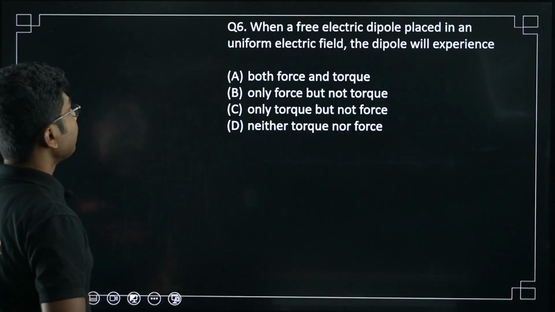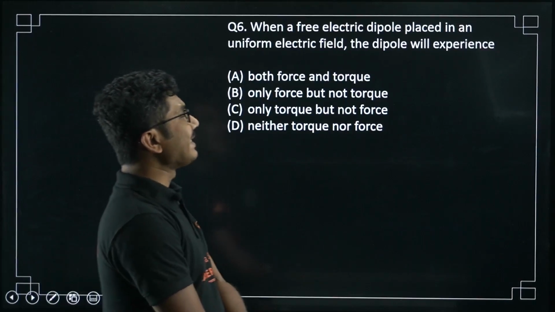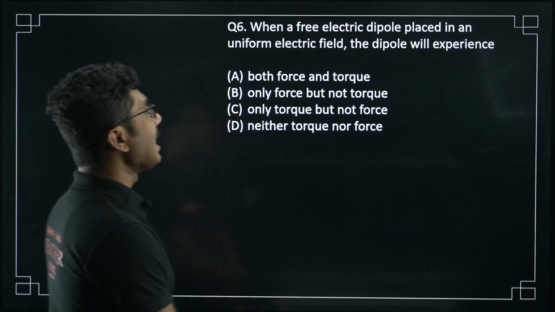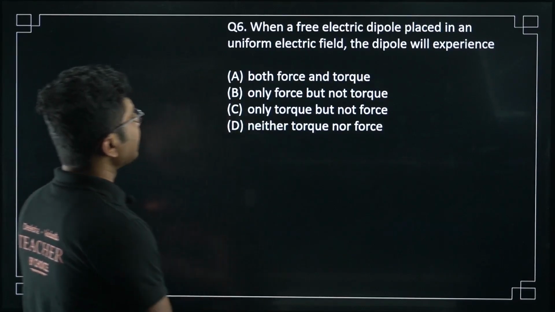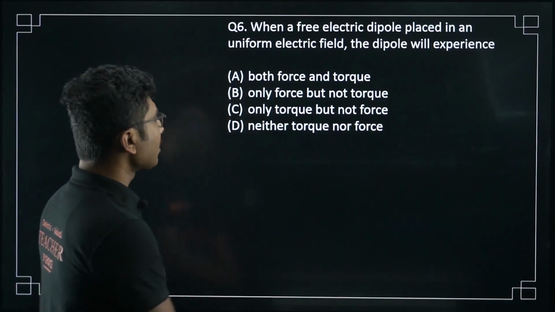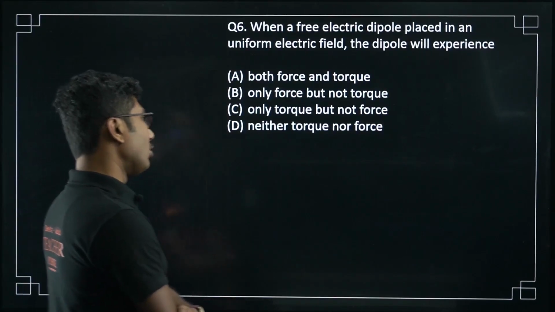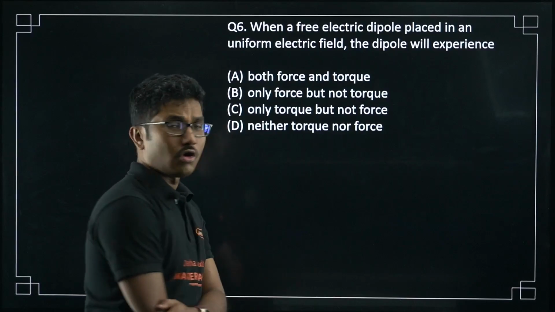Now, next question. When a free electric dipole is placed in a uniform electric field, the dipole will experience: both force and torque, only force but not torque, only torque but no force, or neither torque nor force.